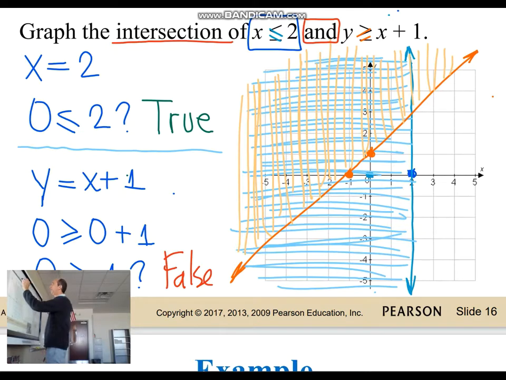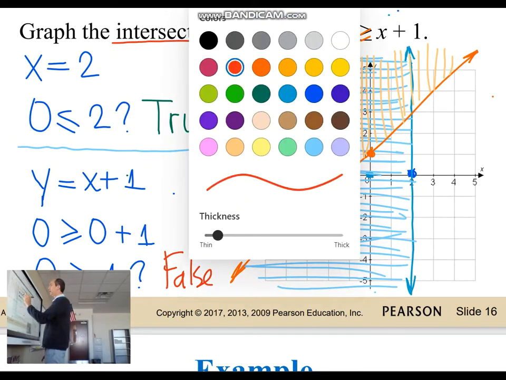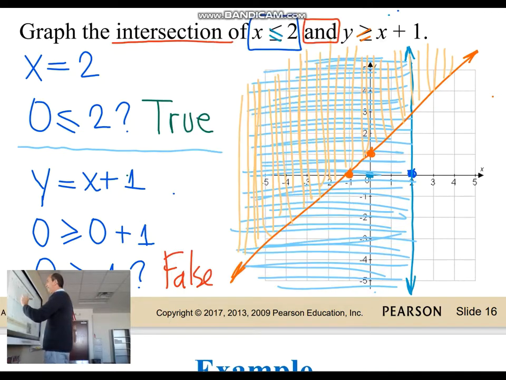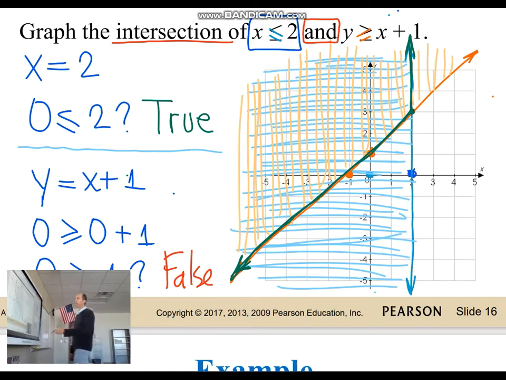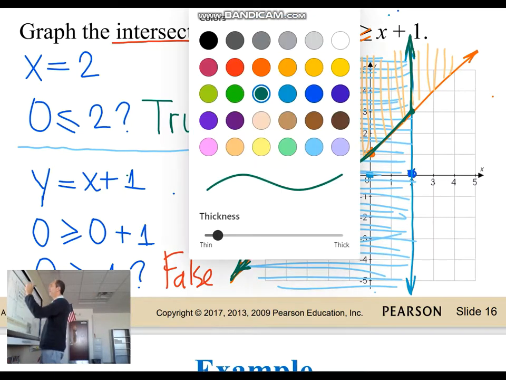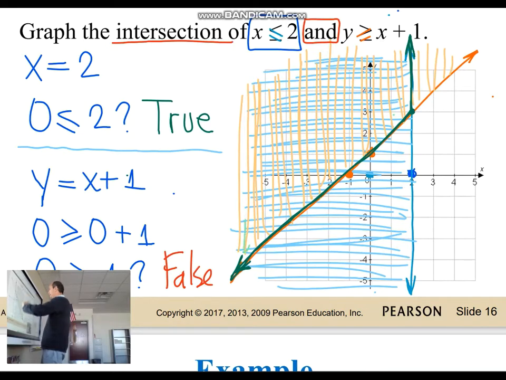And I will use a new color, green. The area is going to be this, we include this boundary all the way up to here. And now this boundary here, see? The intersection needs to have both colors, blue and orange. And the shade is this one, again, that has both colors, blue and orange.